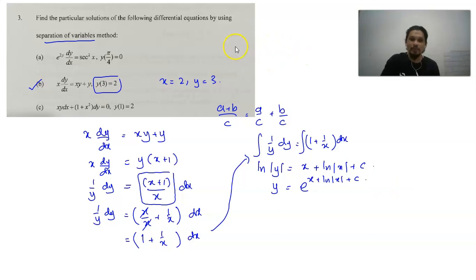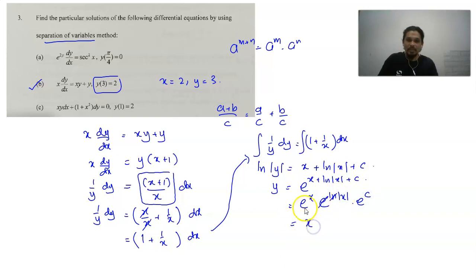Using the rules of indices, a to the power of m plus n equal to a to the power of m times a to the power of n. So here, e to the x times e to the power of natural log of x times e to the power of c. This one here comes out to x, e to the x, and e to the power of c equal to a.